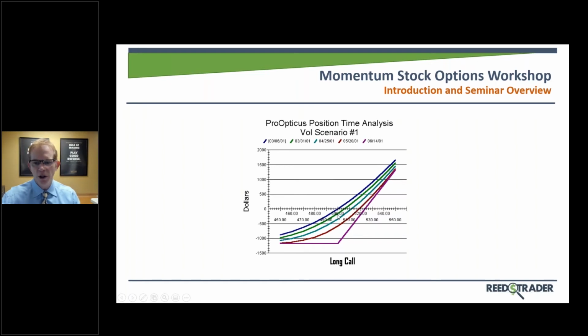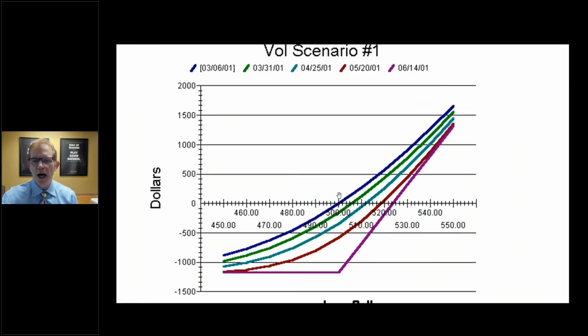What I want you to notice here is that as time goes by, if we don't move, we actually start losing money without moving. So you're probably used to losing money when the market goes down, but when you're long an option, if the market doesn't move, you're going to lose money while you sit. So basically you can see as we sit, prices start falling. And as they start falling, we have to move further to get back to break even.